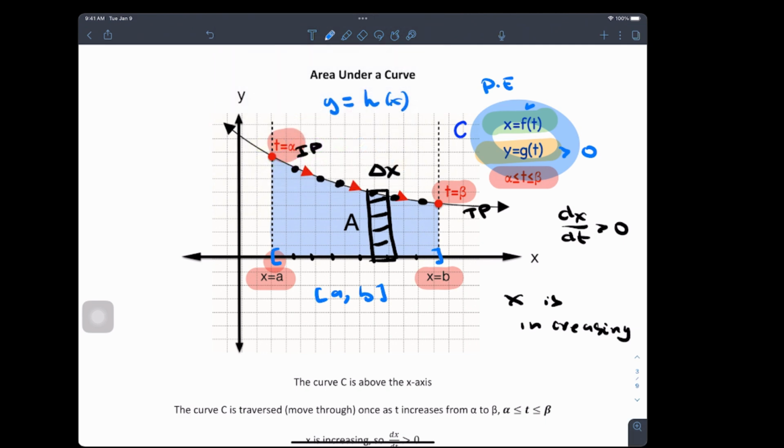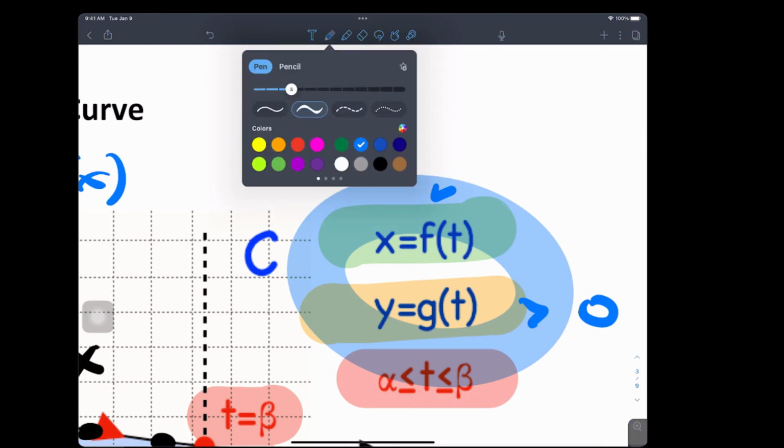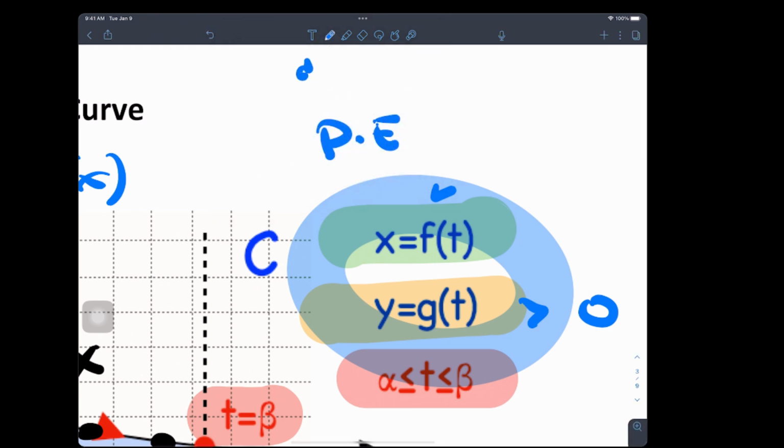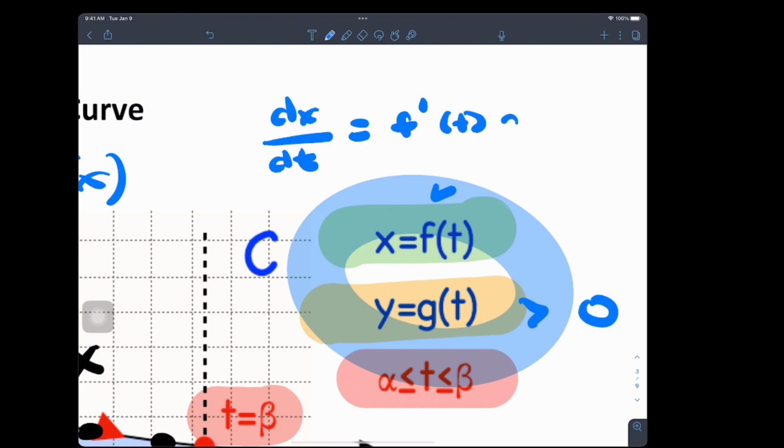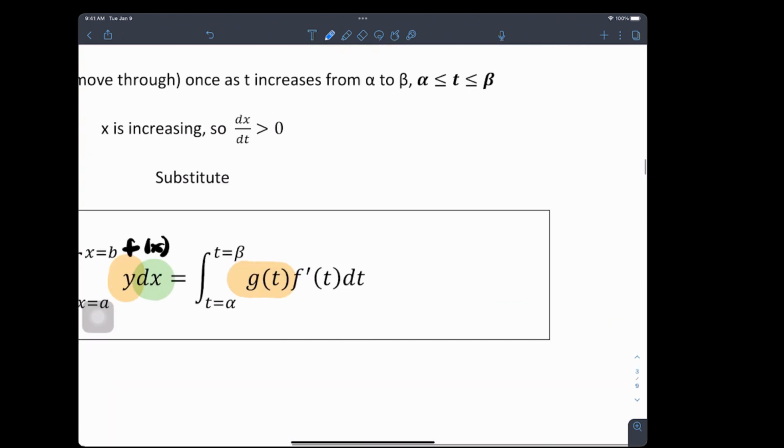So if x is f of t, what that means, because it's parameterized, is that dx with respect to t is f prime of t. Let me write it better. That dx/dt now is f prime of t, so solving for dx gives you what you guys see here.